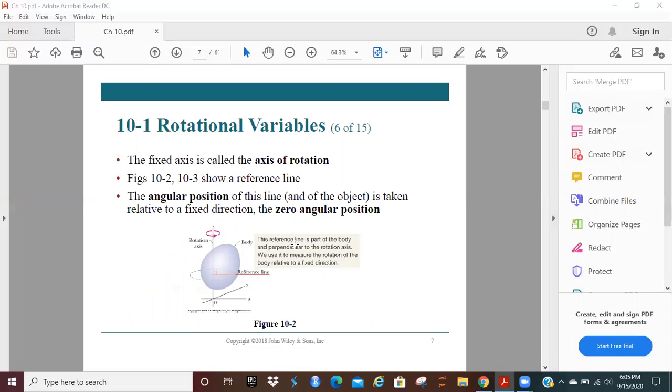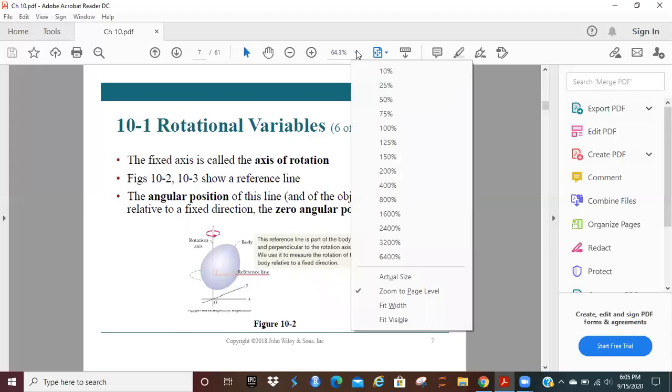This figure and the one that follows show a reference line, and the angular position of this line and of the object is taken relative to a fixed direction, the zero angular position. Let me blow this up a little bit.